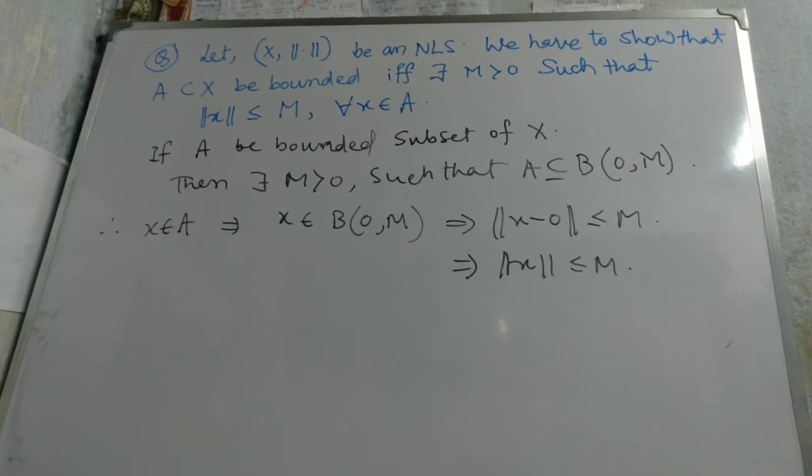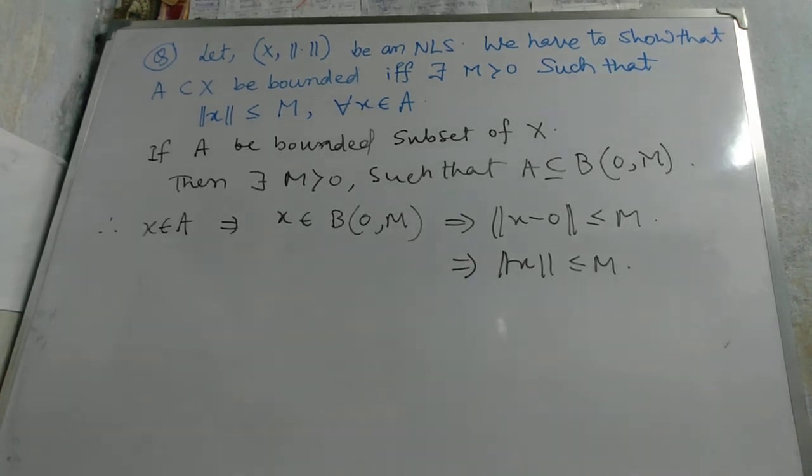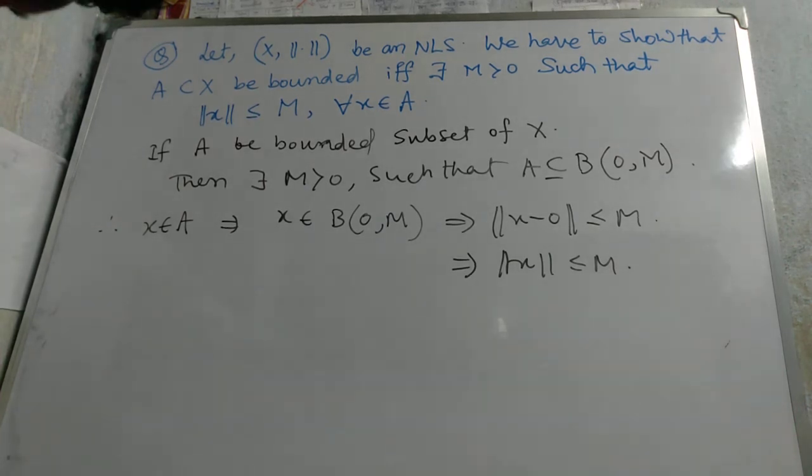Then a subset A of X is bounded if there exists m greater than 0 such that norm of x is less than or equal to m. Okay, next we're going to see which vector subspaces of a normed linear space are bounded.